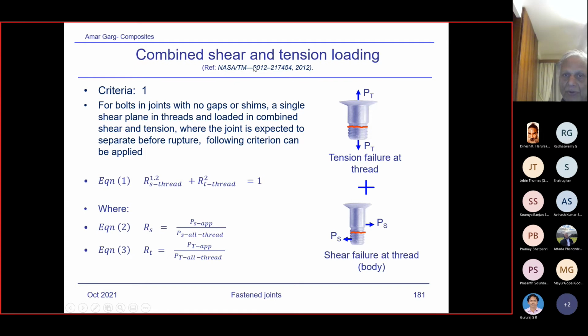This report shows the criteria and the test data and how they generated the criteria. So I think this could be useful when you are doing some analysis of structures.